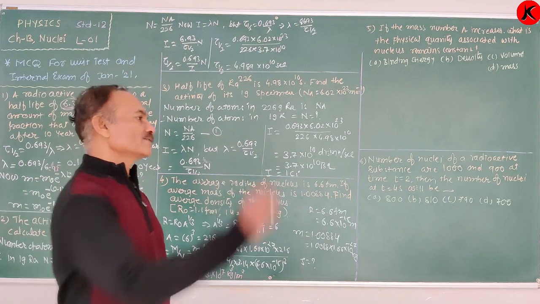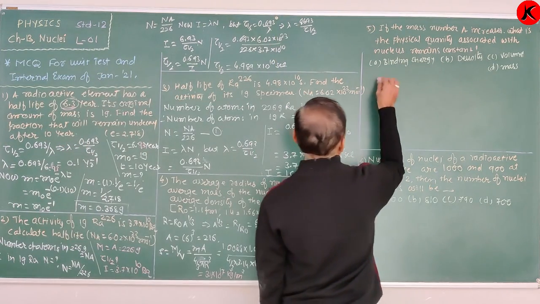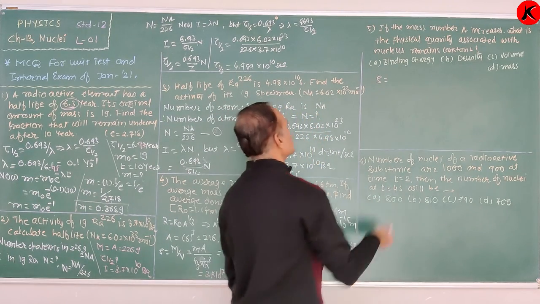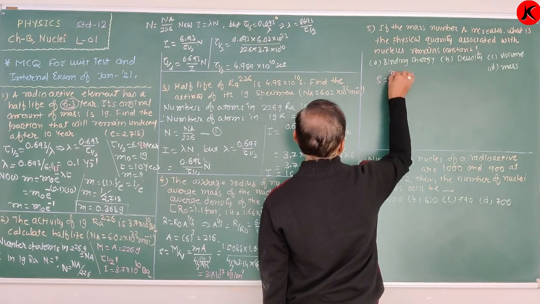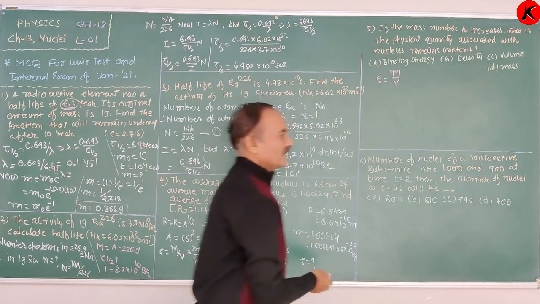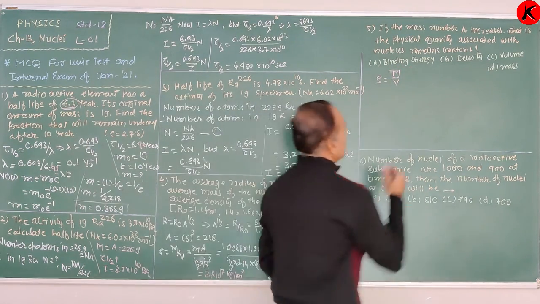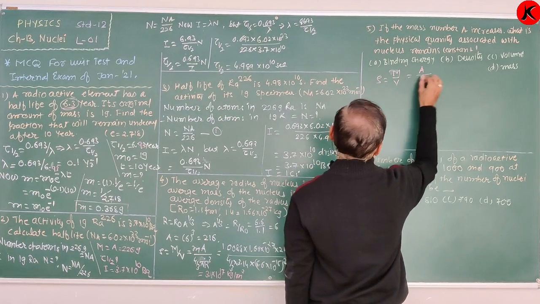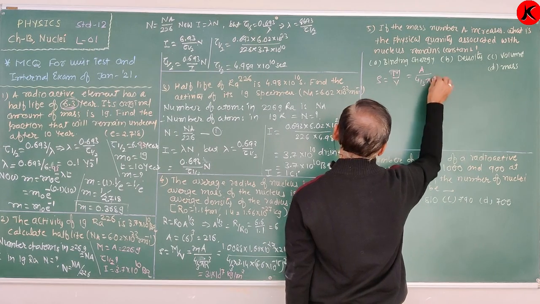For that, we know that the density rho is equal to mass M upon V, that is, mass number upon 4 by 3 pi r cube.